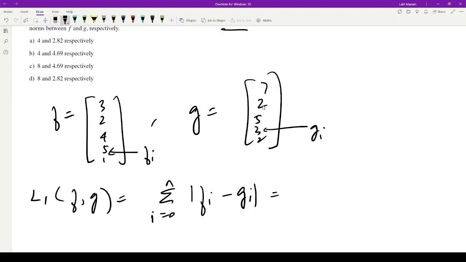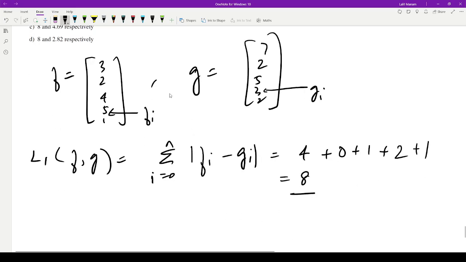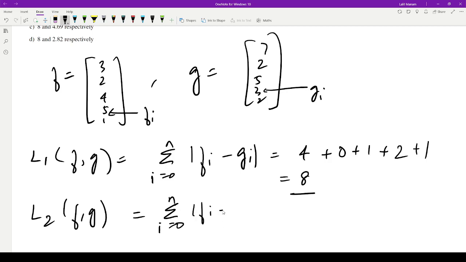So it's minus 4 plus 0 plus 1 plus 2 plus 1. It is 8. Okay. What about the other thing? L2 of f comma g? Square difference of whole over 1/2.